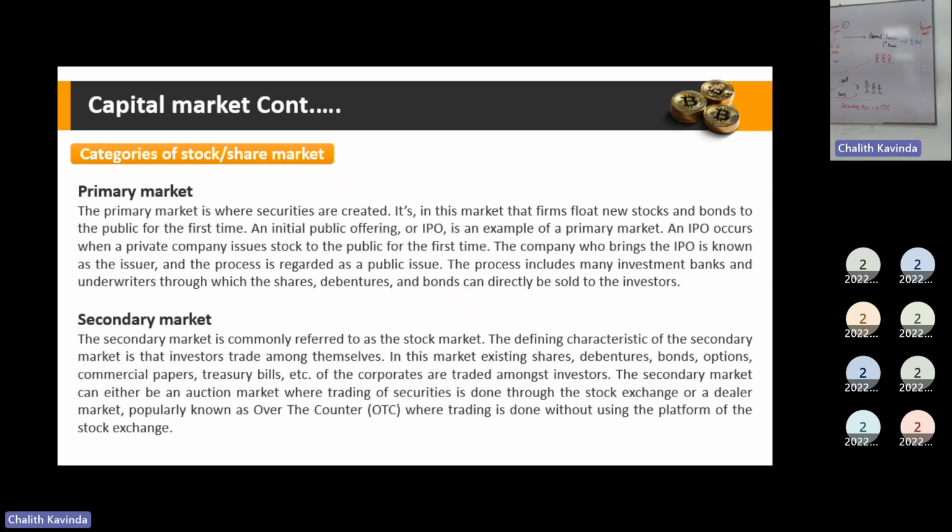But when it comes to debt securities, do they have a maturity period? They have a maturity period. Are they getting a fixed amount of interest? Yes. So if you have a debt instrument, are you going to sell it in the market? Mostly no, because if you are a debenture holder of a company, you know that your debenture will mature maybe in 3 years or 5 years.